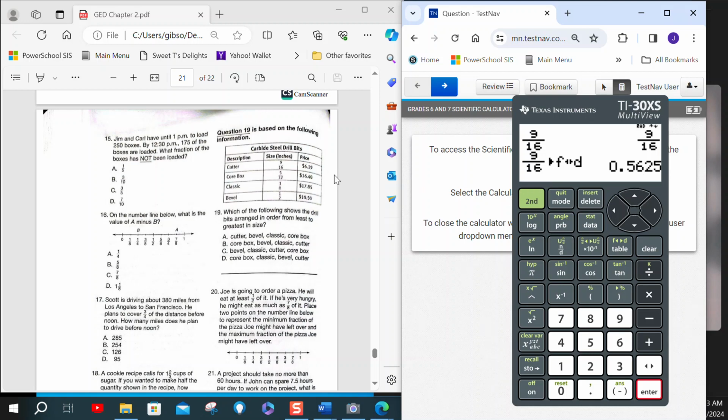So now we do the next thing. We'll press N over D. Now you notice I did not clear this out because I want you to still see this. So I'm going to compare this with 5 over 32. Oh, I keep forgetting to change this to a decimal. Press second and table and enter.